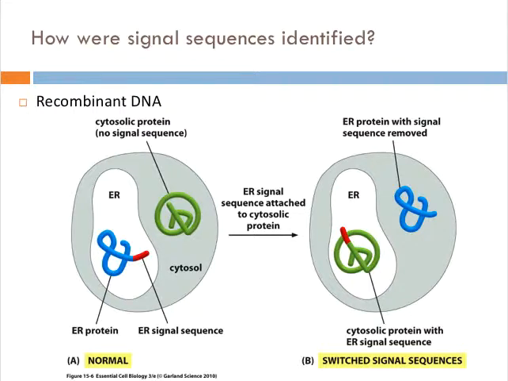So we were able to determine that these signal sequences were what was definitively directing the protein to where it is supposed to go. If you remove a signal sequence, if you modify the signal sequence, if you add in a different signal sequence, that is what will direct the protein to where it is going to go.